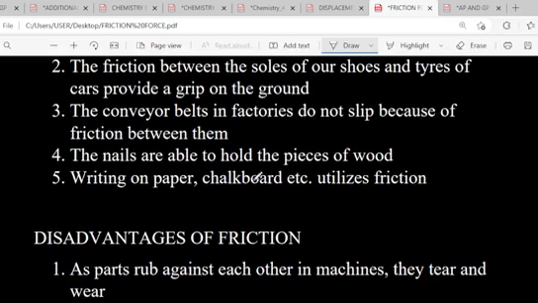Nails are able to hold pieces of wood together because of friction force. Otherwise, without friction force, nails would not hold firmly.